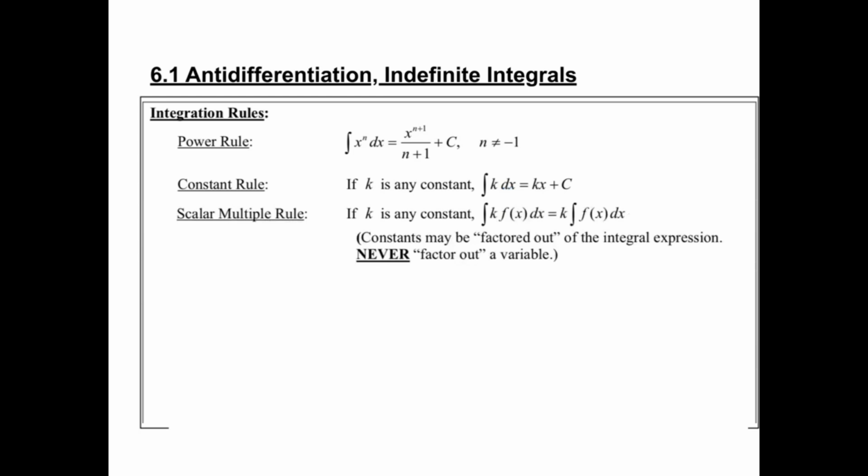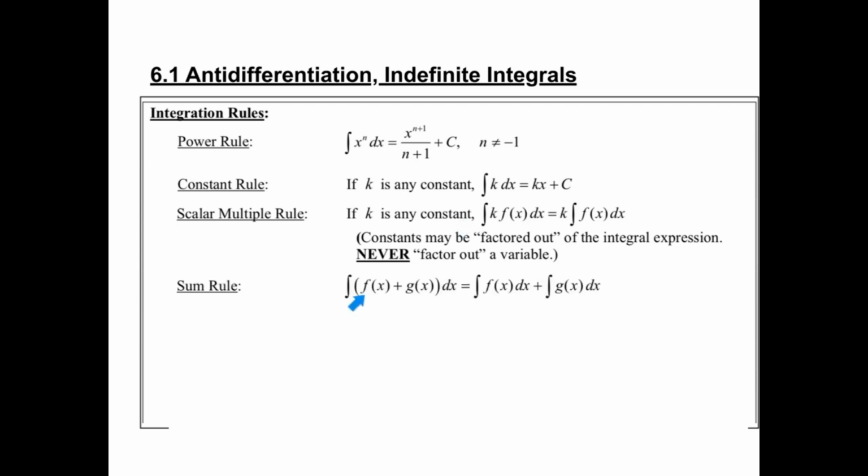Then we have scalar multiplication. If you have a constant being multiplied by some function, that constant can just come out in front of the integral. Constants can be factored out, but you can't throw a variable out there. This is only for constants, okay?